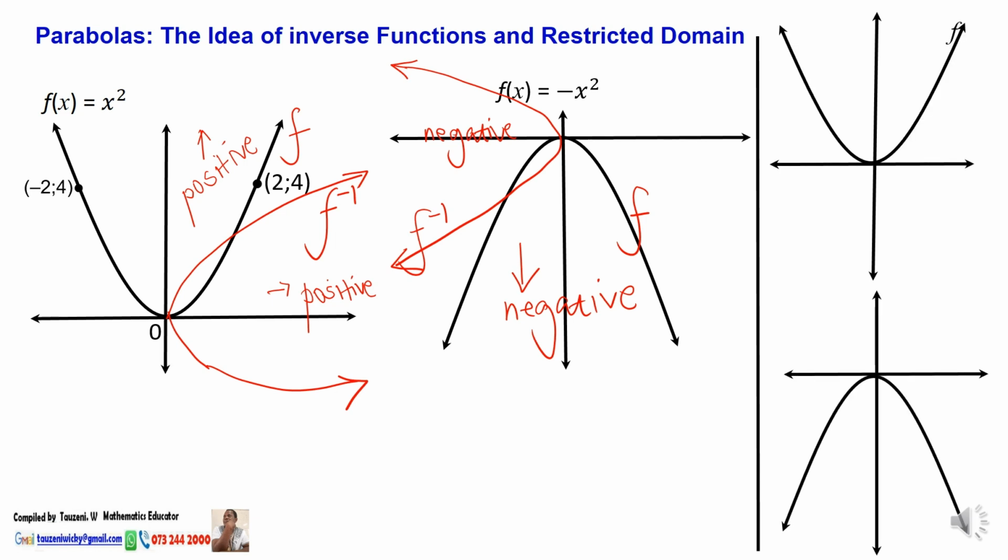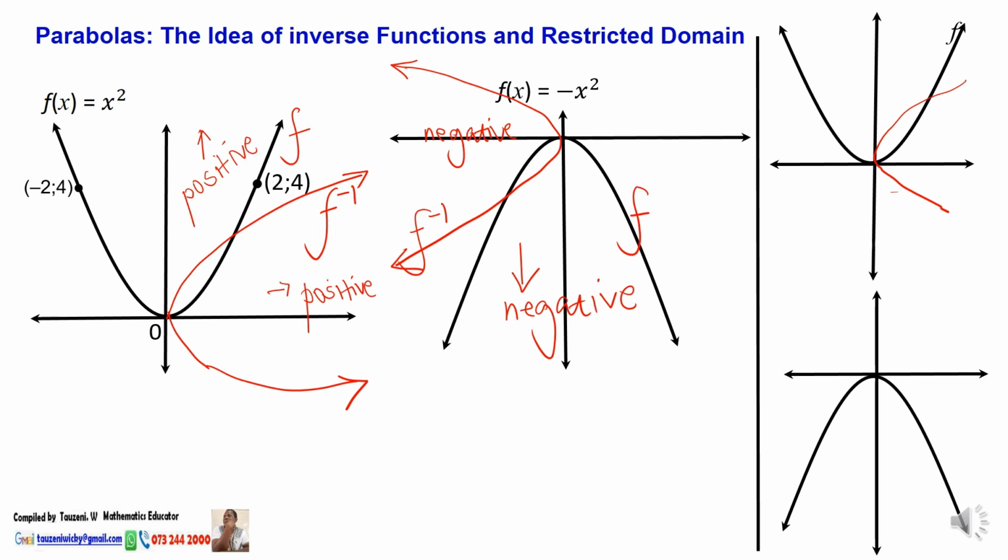Let's have a look at the two put together. I want to draw the inverse. This one is the first one that we have discussed. My graph is going to the positive direction. Therefore, the inverse must go to the positive direction. If your graph is going to the negative, the same thing applies.